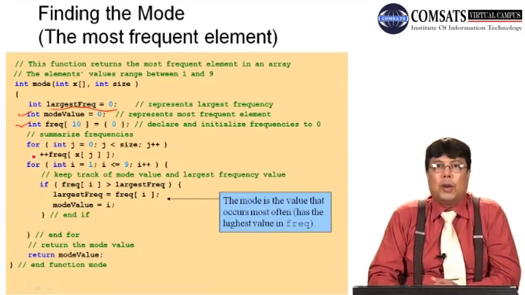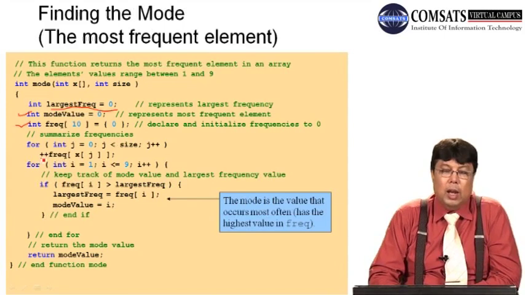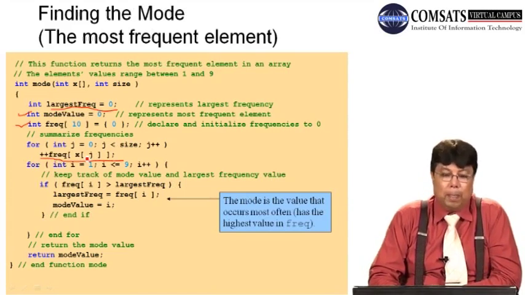Okay, if 3 occurs 5 times, then at the third position we will be running this particular statement, that is x of 3 will be adding 5 times 1 here. So in this way we can maintain the frequency of the occurrence of each element, and we have supposed that the elements range from 1 to 9 here.